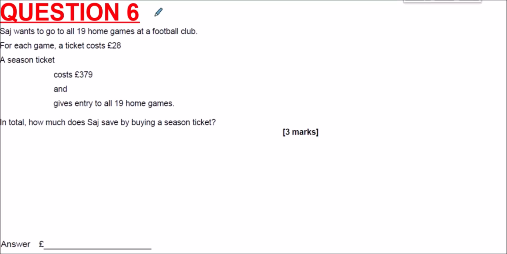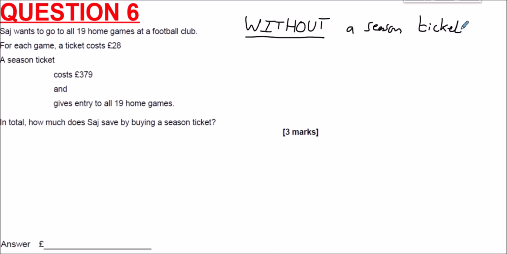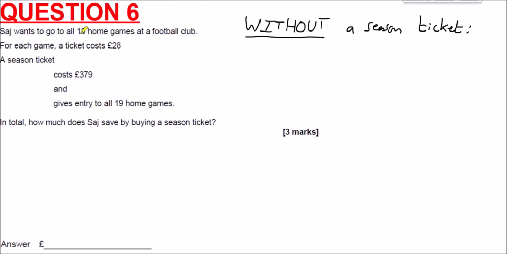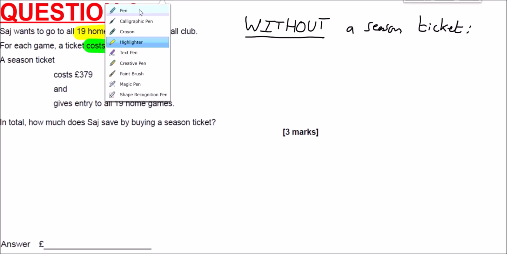And so how much would it cost him if he went to all the games individually? So basically, how much would he spend without a season ticket? That's what we need to work out first. So without a season ticket, let's calculate that. So he'd presumably go to 19 home games, and each one costs £28.